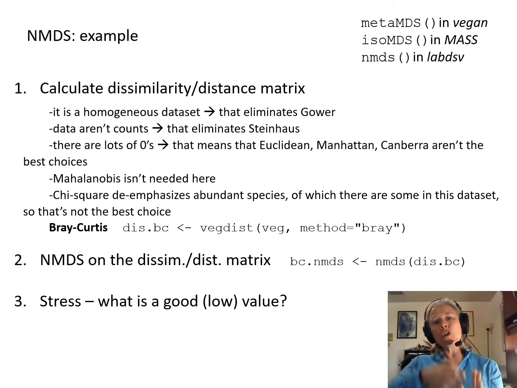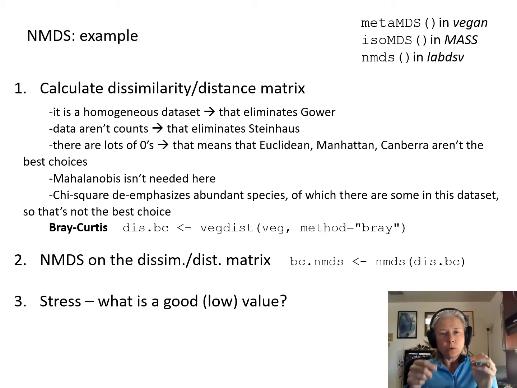But if you choose too many dimensions, that can cause a single source of variation to be broken up and expressed on more than one dimension. The higher the value of K that you ask NMDS to work with, the lower the stress is going to be.